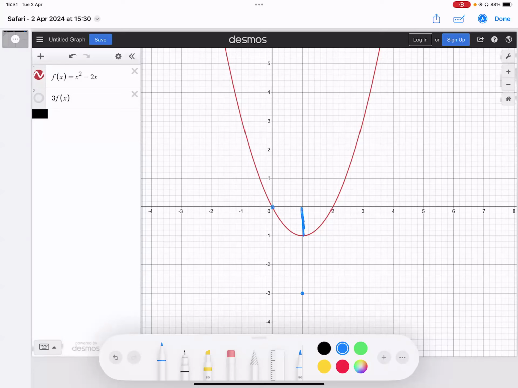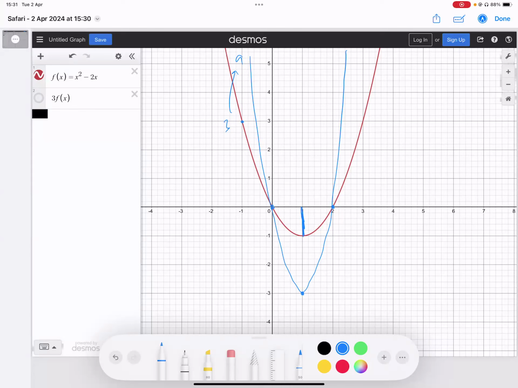The point that was at 0 is going to remain there because 0 multiplied by 3 is still 0. And the points that were above somewhere, so let's say this point here, it was at 3, this would go to 9 somewhere above there. So the graph is going to look something like this. This is the stretched graph, vertical stretch by a scale factor of 3.